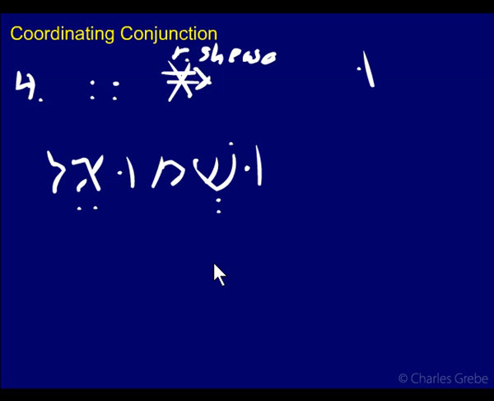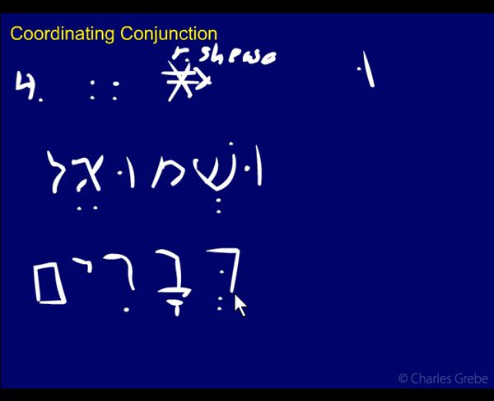Similarly, let's take a look at Devarim. Devarim. We add a vav there. What's going to happen? It's not going to obey the rule of Shava.